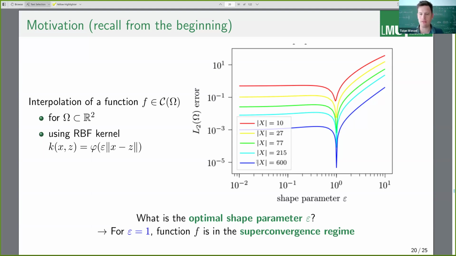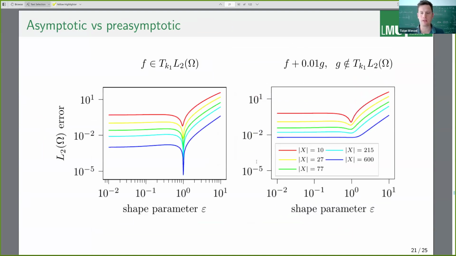Okay, and with this we can continue. I would briefly highlight something, because the situation which we observe here on the left-hand side, which is just a plot from before, does not need to happen all the time. What can also happen, and which is way more frequent in practice, is the situation on the right-hand side.